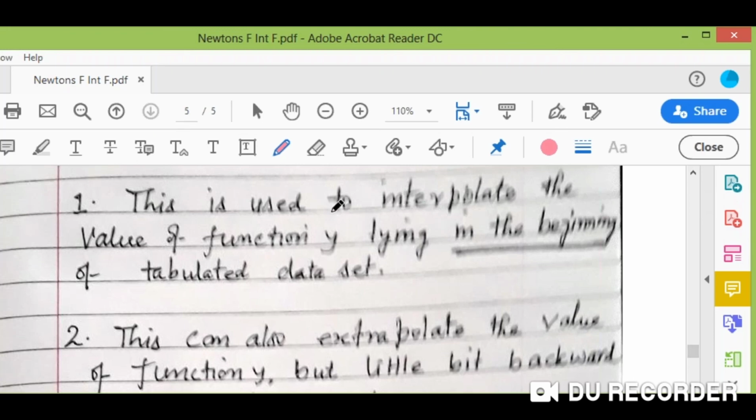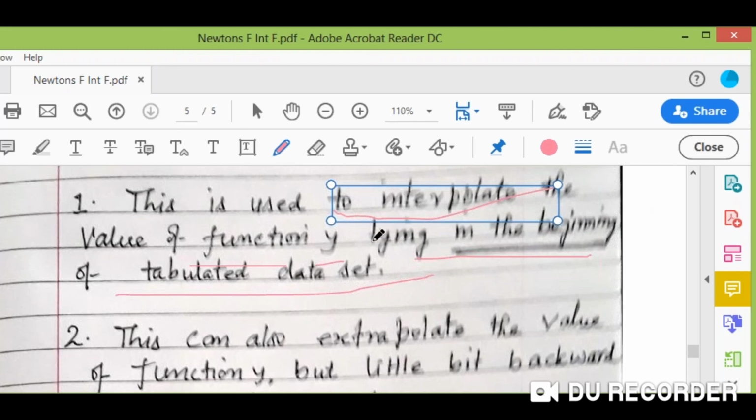What is the application? This is used to interpolate the value of function y lying in the beginning of the tabulated data set. This is a very restricted application. Why? We will discuss during the numerical that this condition is very important.